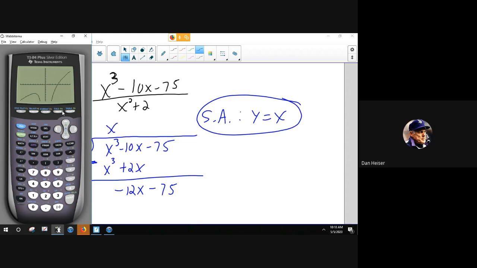We got this thing going on here. So let me zoom out a little bit. Notice we do not have a vertical asymptote because the denominator can never be equal to 0.